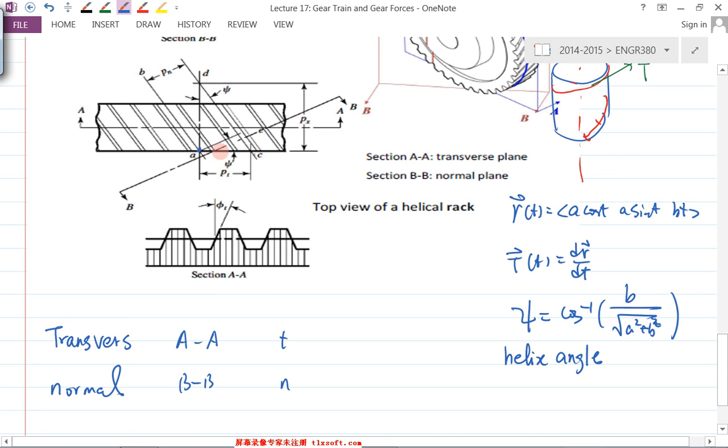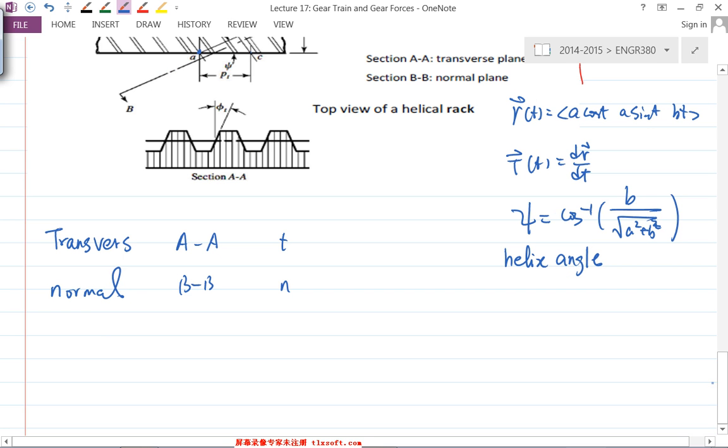From this A to the C location, as we learned in the gear terminology, we call that the circular pitch, when you go from one point to the adjacent point. So AC is what I call small p_t.